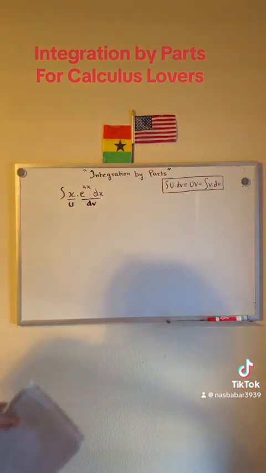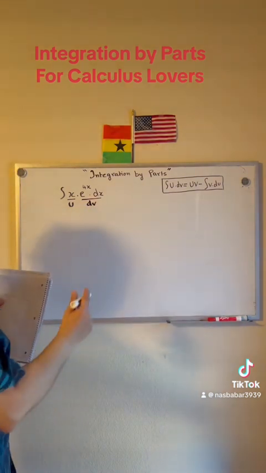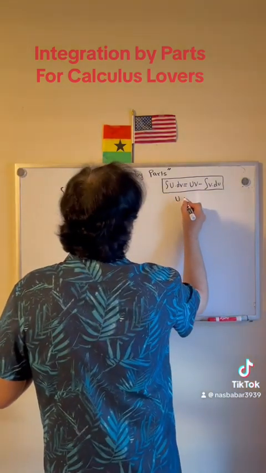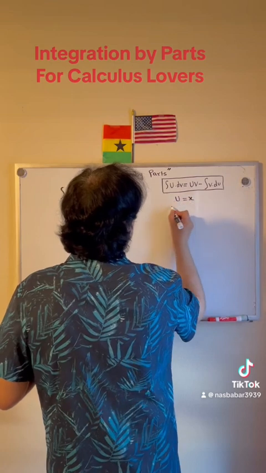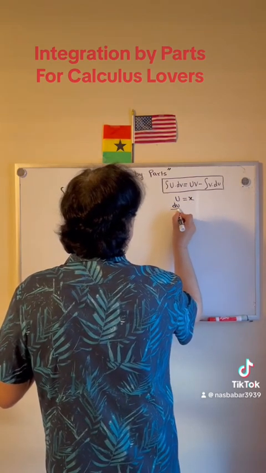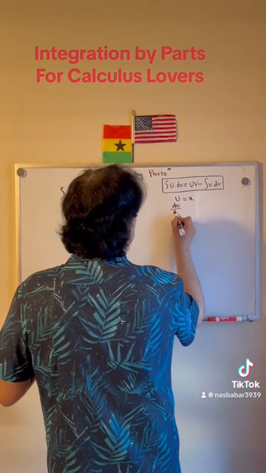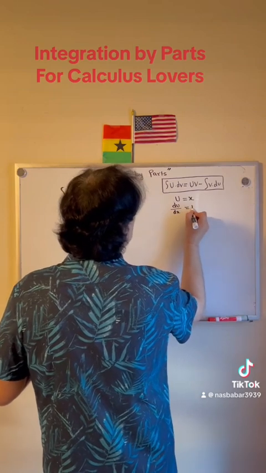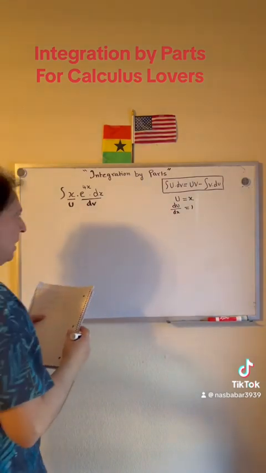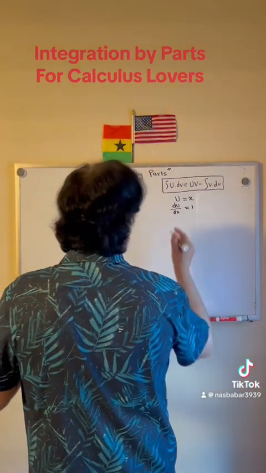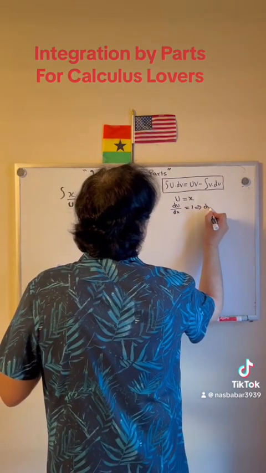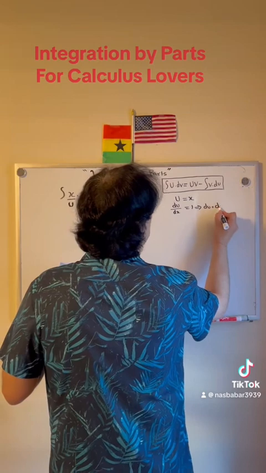So far so good? Then if u is equal to x, and I take the derivative of u with respect to x, I get 1. No rocket science to that. So then I can easily say du is equal to dx.